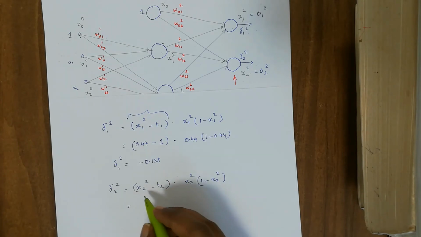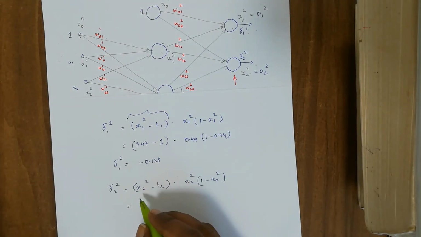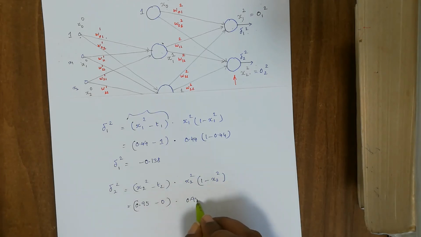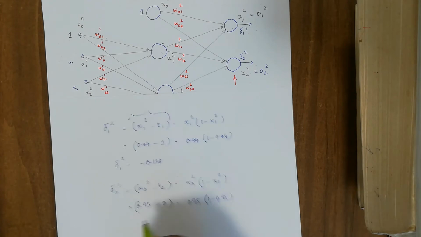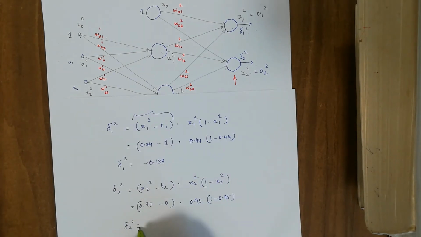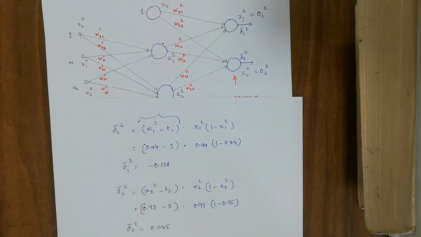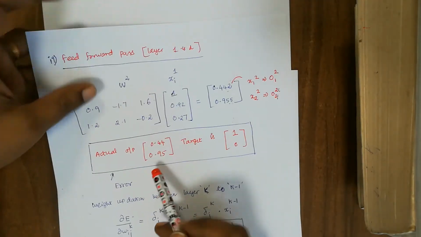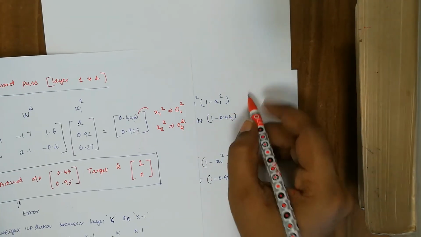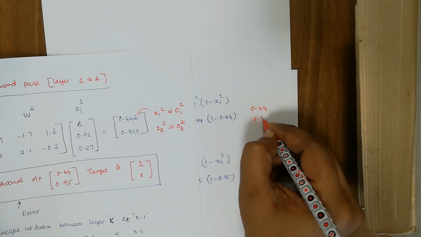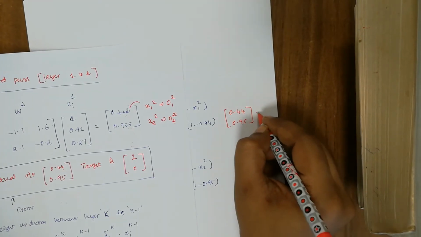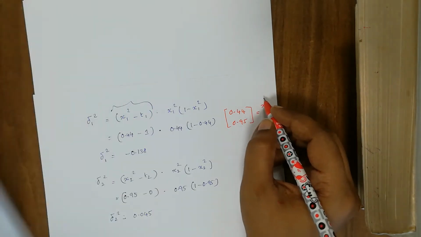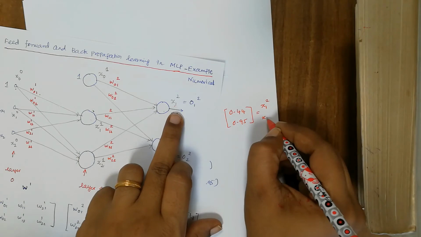Now let us substitute the value. The actual value that we obtained, x_2^2, was 0.95, and the target is 0, so 0.95 times (1 minus 0.95). So delta_2^2 comes to 0.045. Now recall the actual values that we obtained at the output, 0.44 and 0.95, which are nothing but x_1^2 and x_2^2.